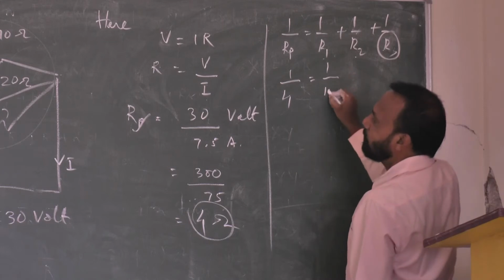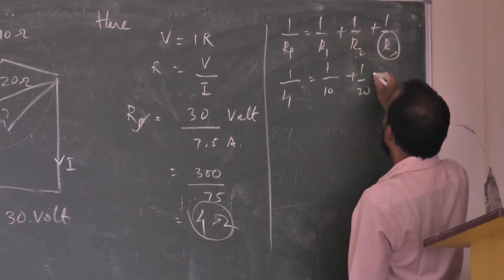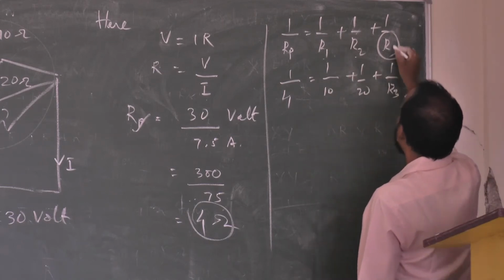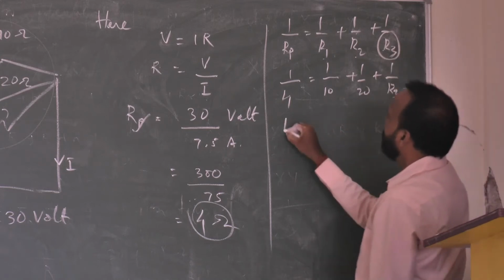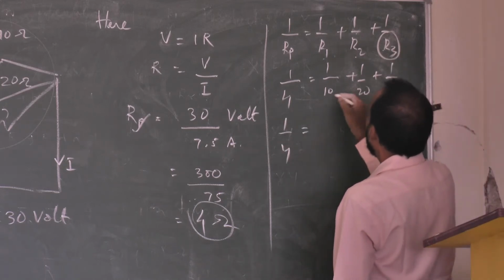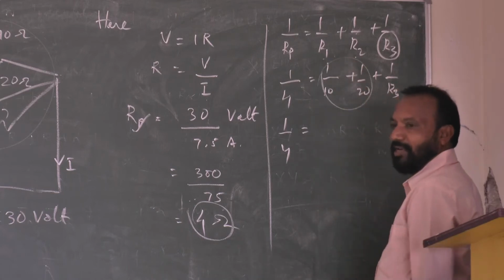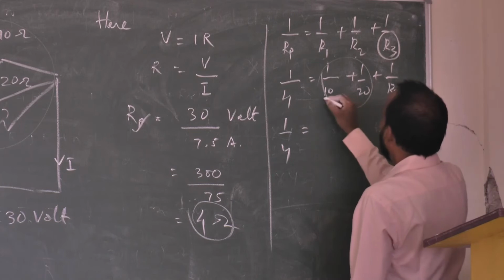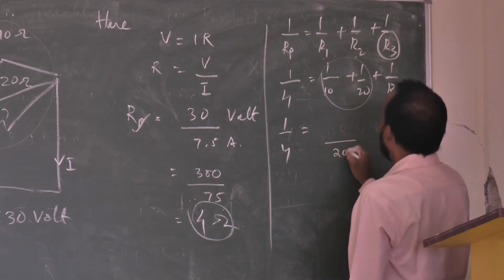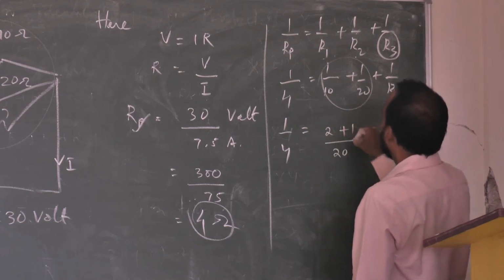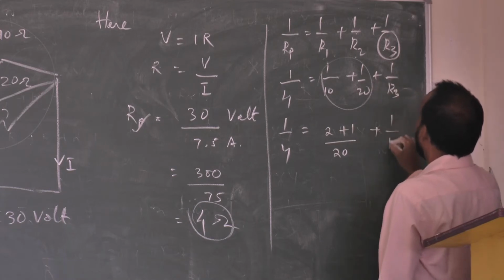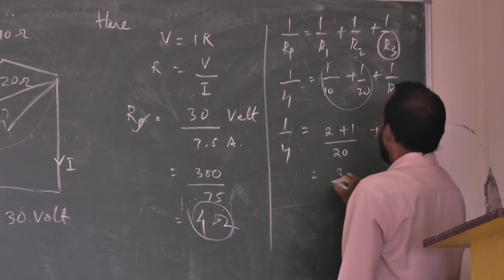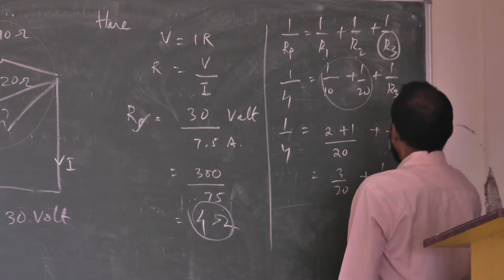So 1 by 4 is equal to 1 by 10 plus 1 by 20 plus 1 by R3. Adding 1 by 10 and 1 by 20, I get 2 plus 1 over 20, so 3 by 20 plus 1 by R3.